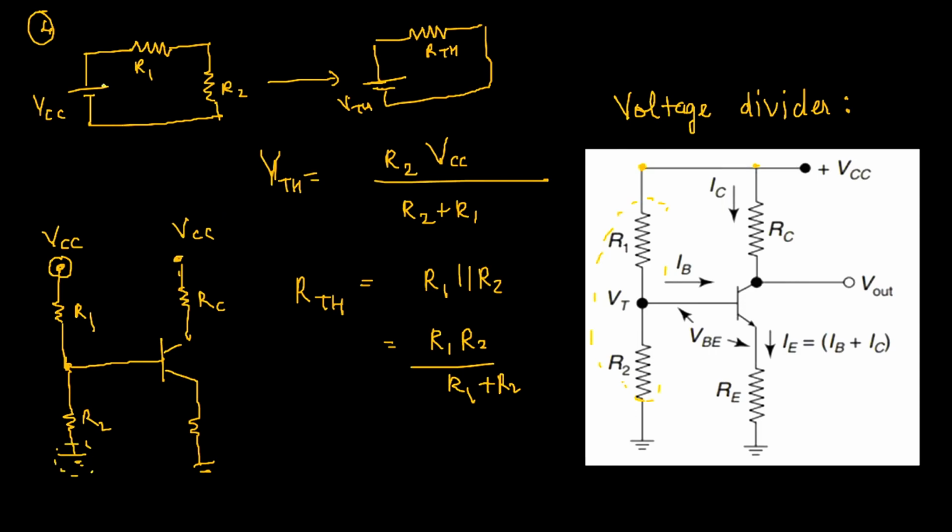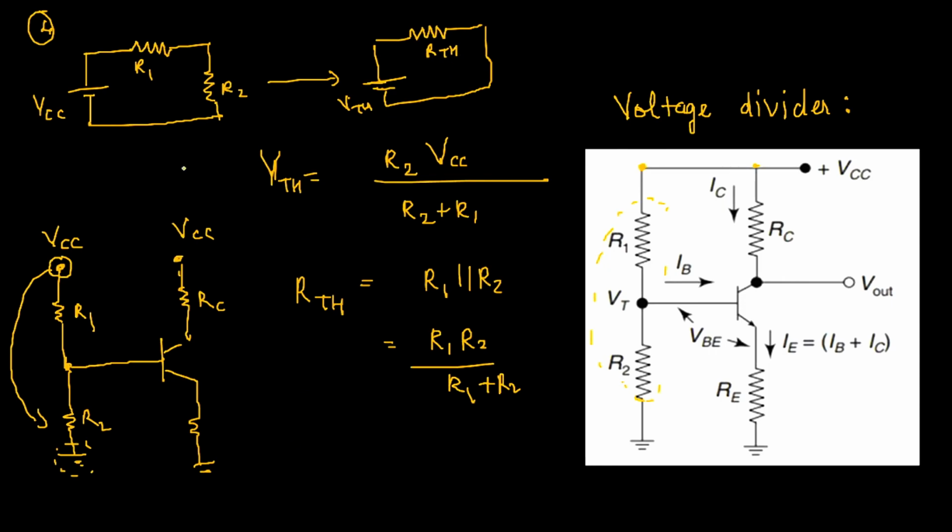So because of that, we can join this terminal here and it will behave like a battery where this is the higher potential and the ground is the negative terminal or lower potential. So now that we have a simplified circuit like this on the input side, we replace it with a different value of voltage and a different value of resistor.